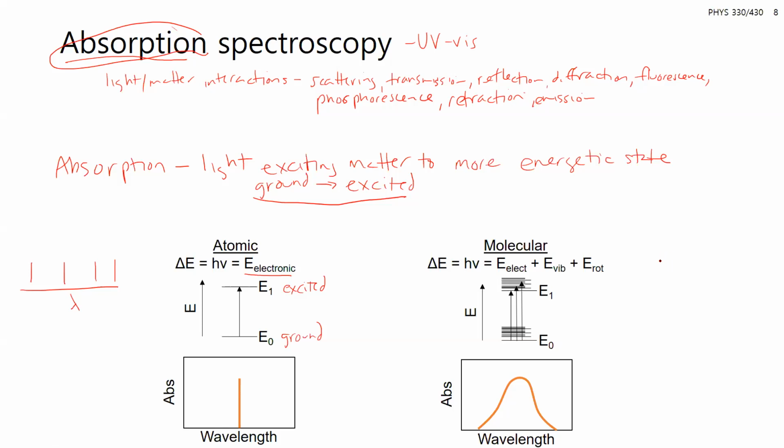But as you have a molecule, you can have additional vibrational and rotational states. So I've shown here in the ground state, that's your electronic state. Then you have vibrations within that ground electronic state, you have vibrational energy levels, and even lower energies are then those rotations. So I've tried to sketch those out there.